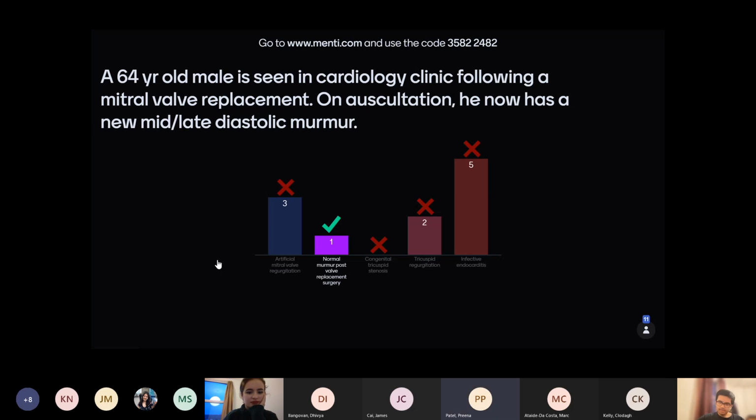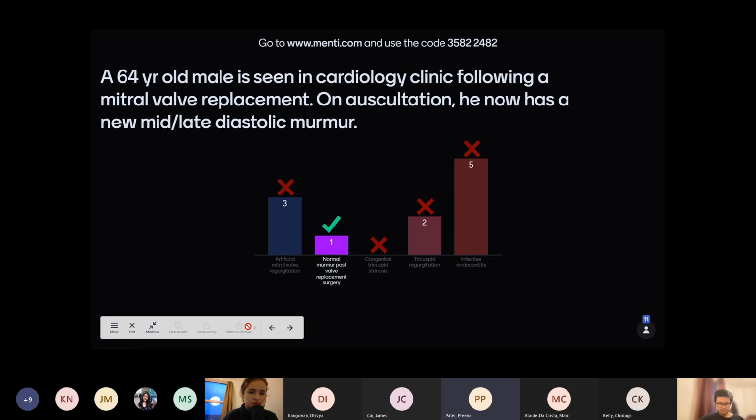Okay, so with this question, I really wanted to test how well you understand the murmurs. It says he's a patient in a cardiology clinic and he's already had a mitral valve replacement, and now he's got a new mid to late diastolic murmur. For those of you that went for infective endocarditis, yes, good. Anyone with a new murmur, think infective endocarditis.